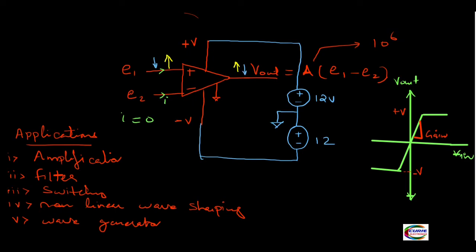But if you give an increasing signal to the inverting terminal, we will have an output in the opposite direction. If we give a decreasing signal, we will have an increasing signal at the output. That means the input is inverted at the output. Simply, we can say this operational amplifier is a high gain differential amplifier.